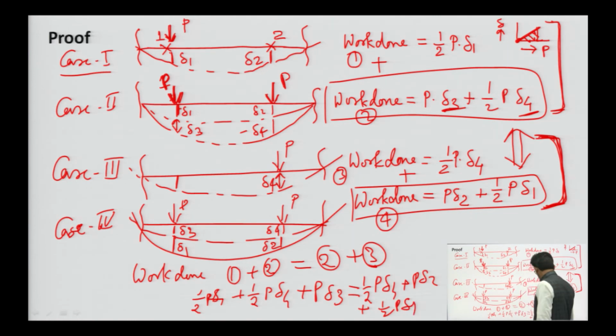Half of P into del 1 is going to cancel out, half of P del 4 is going to cancel out.